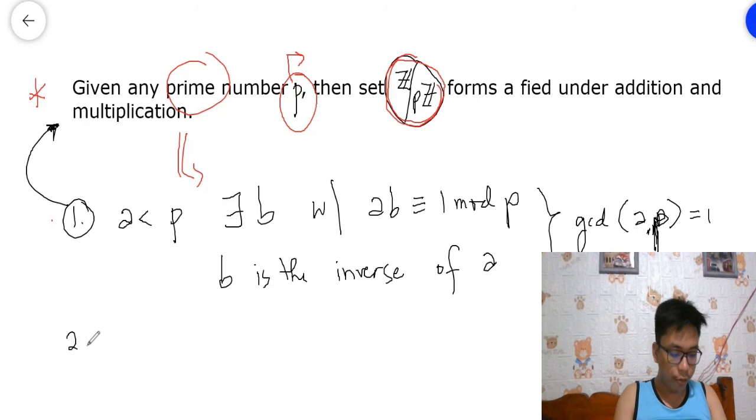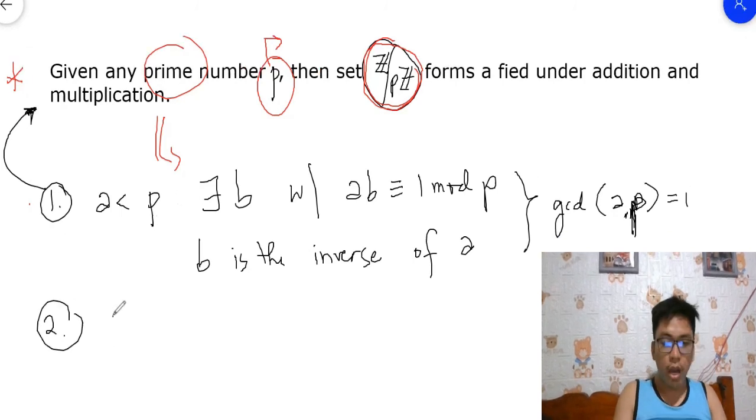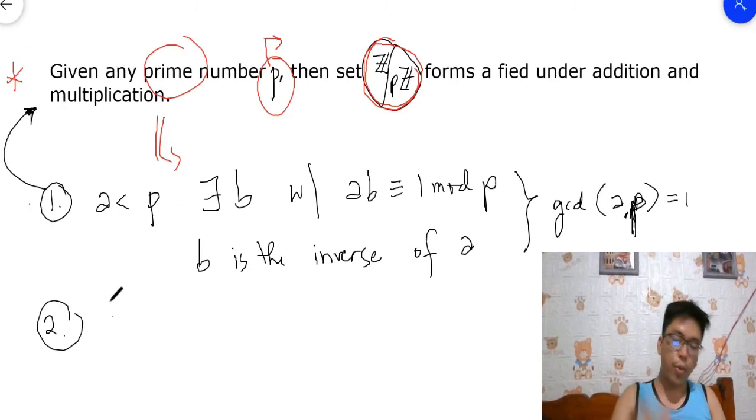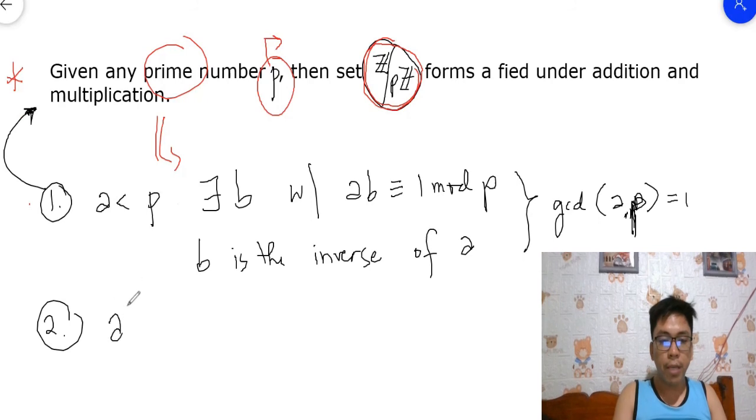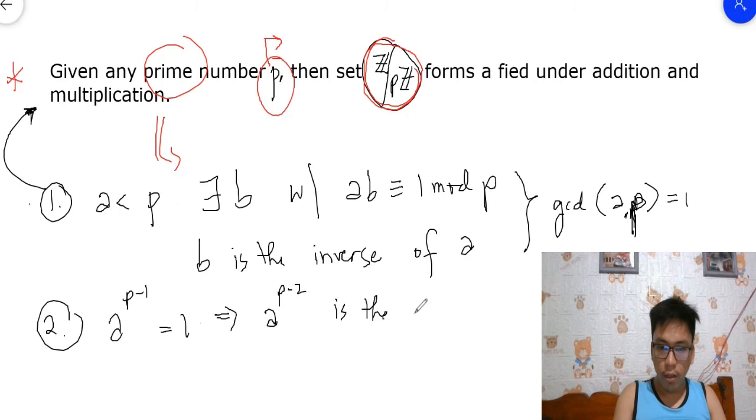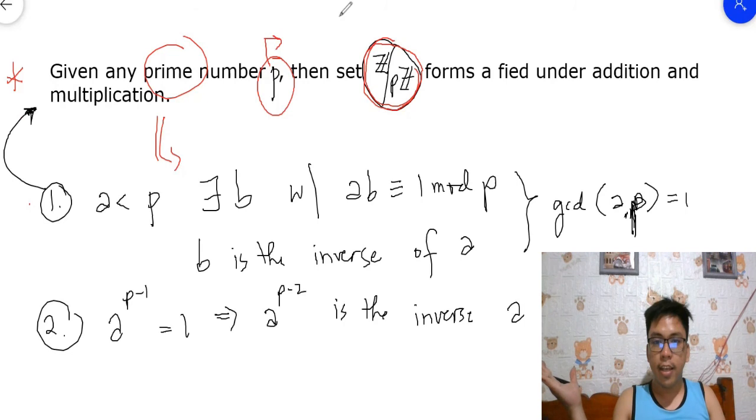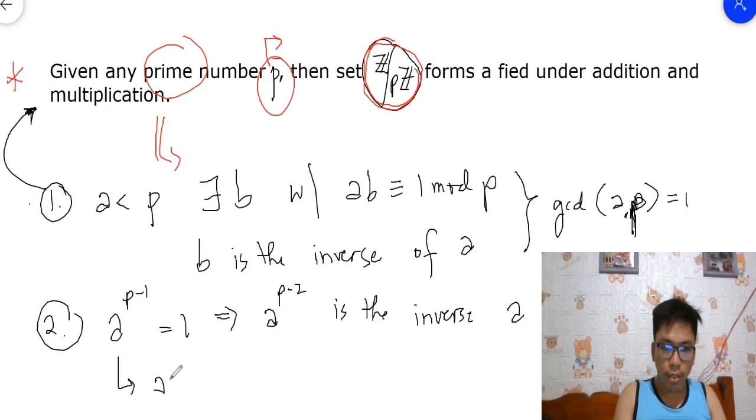Another way of showing this is to show that a to the p minus 1 is actually 1, which implies that a to the p minus 2 is the inverse of a. This is pretty obvious. Can you see why? Here, I'm going to show you. Remember that you can break this down into a to the p minus 2 times a.